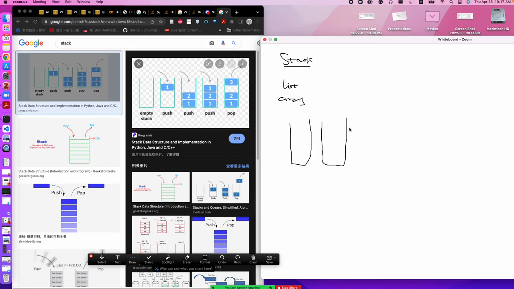Let's say push, and pop, right? So if you have ever tested our data structures or Python data types, I think list or array, they were kind of the same, right?